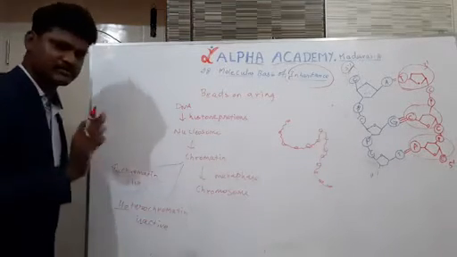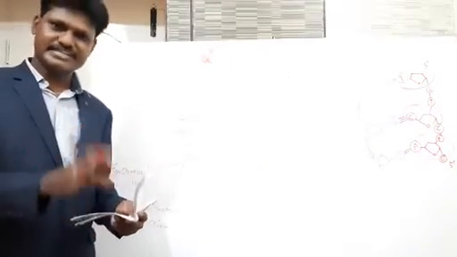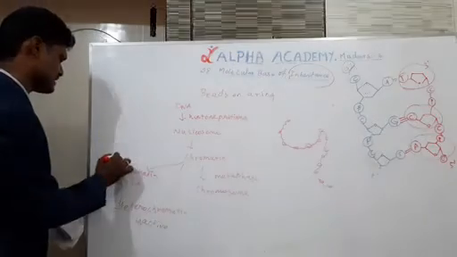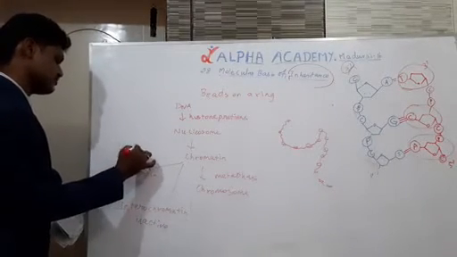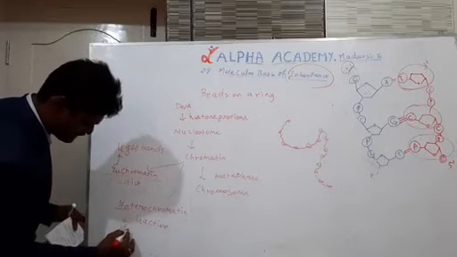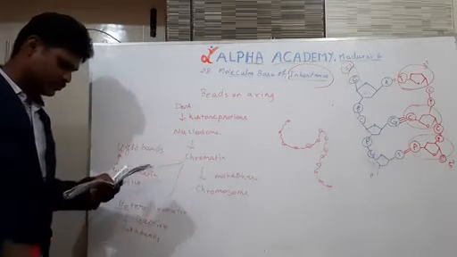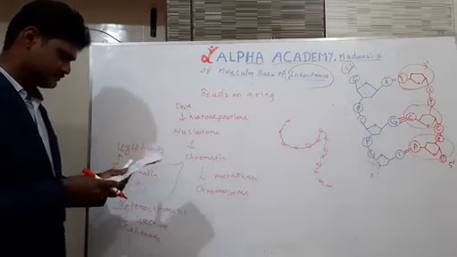So only euchromatin will be active, heterochromatin will be inactive. So when stained, euchromatin shows light bands, but heterochromatin shows dark bands. Okay. Heterochromatin shows dark bands.